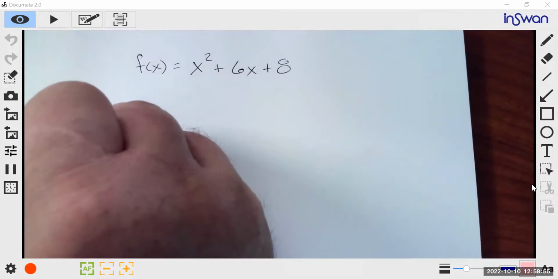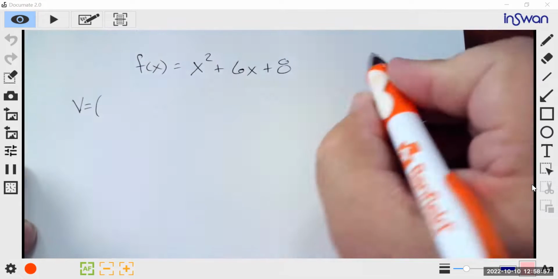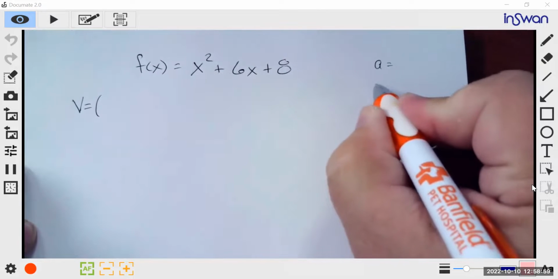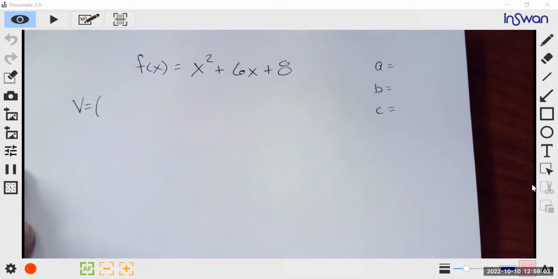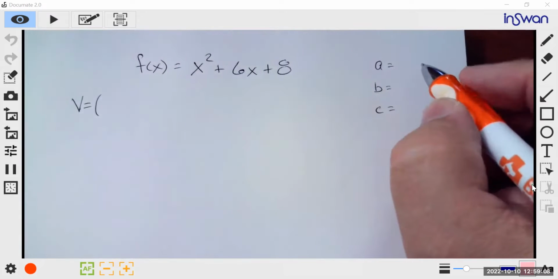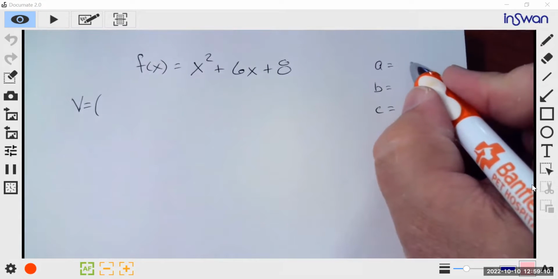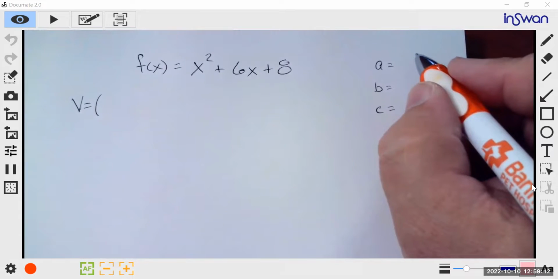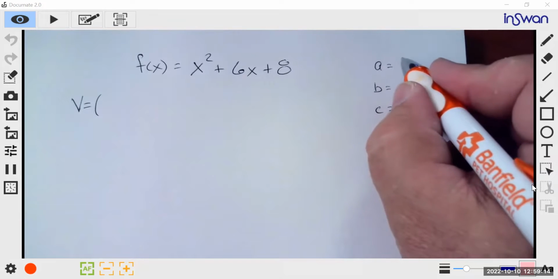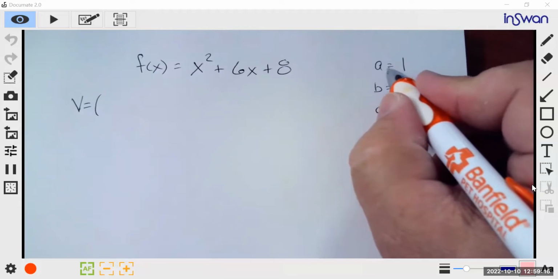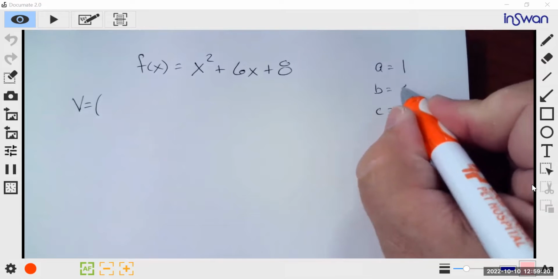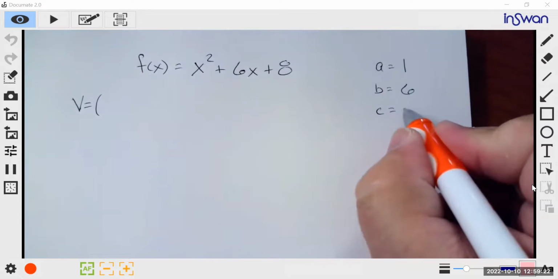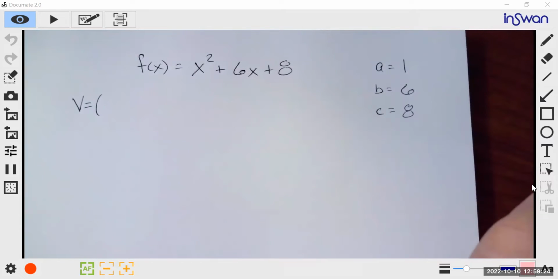Let's look at the vertex. First off, we have to label A, B, and C. What's A? This A is the coefficient of x squared. It's the number in front of x squared. What's B? It's whatever's in front of the x, and then the constant is C.